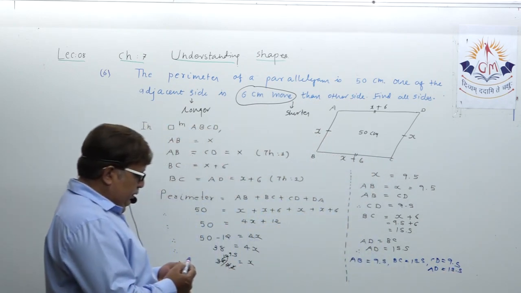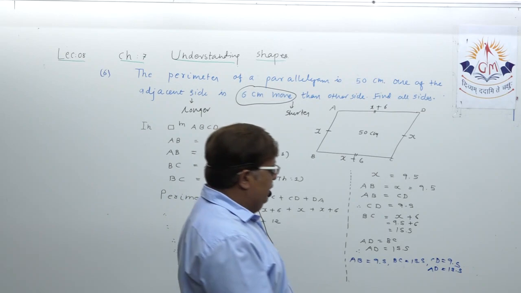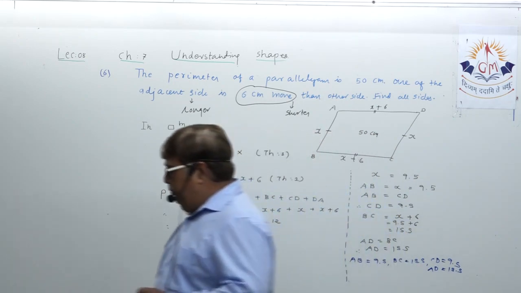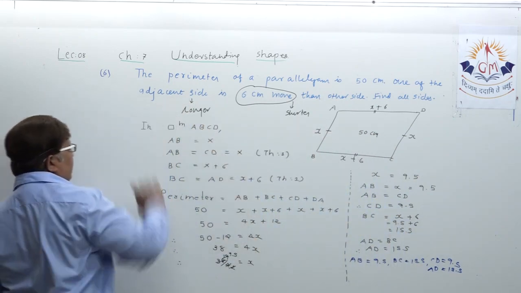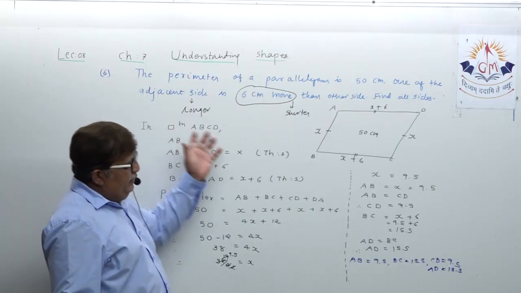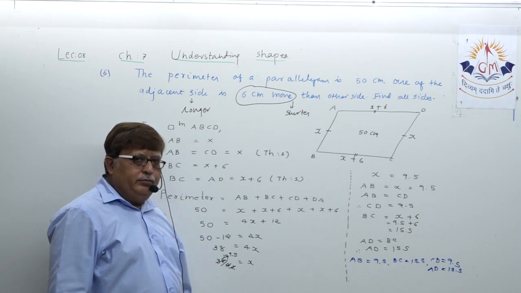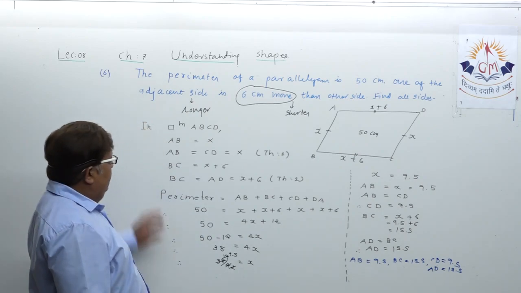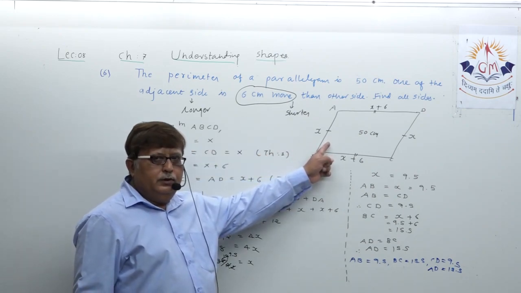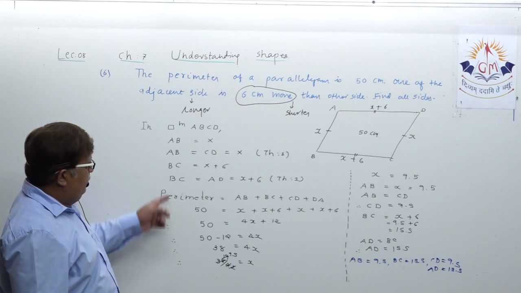At last, you have to write the answer highlighted in this way. Understood? Verify the sum properly, dear student, because the sum is a little complicated to understand. One of the adjacent side, that means you have to target one of the longer side, which is 6 more than the shorter side. We suppose AB as x, and obviously CD is also x.